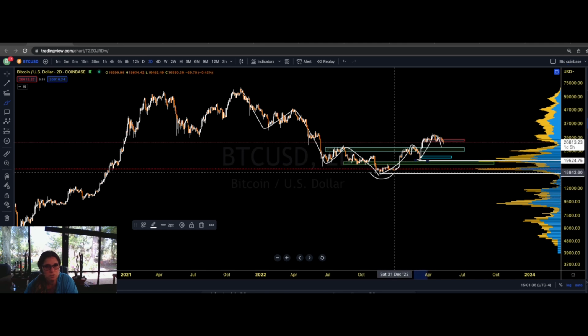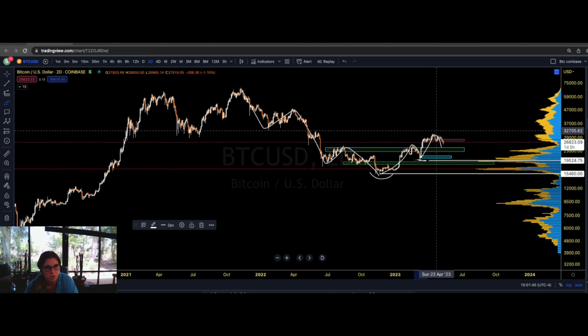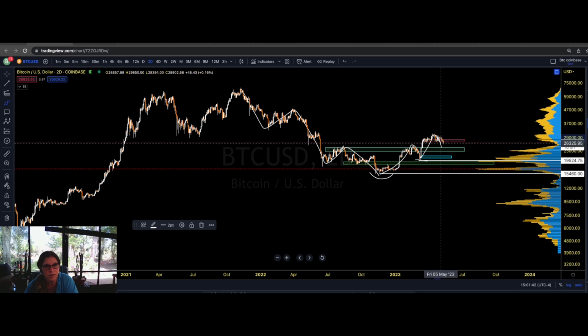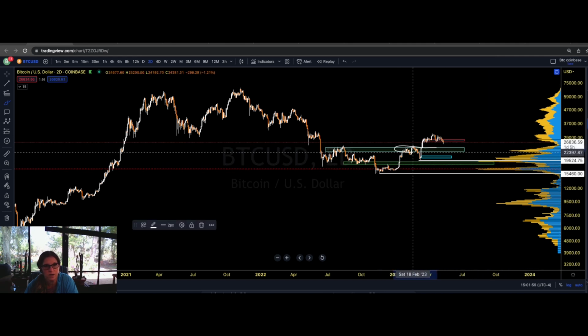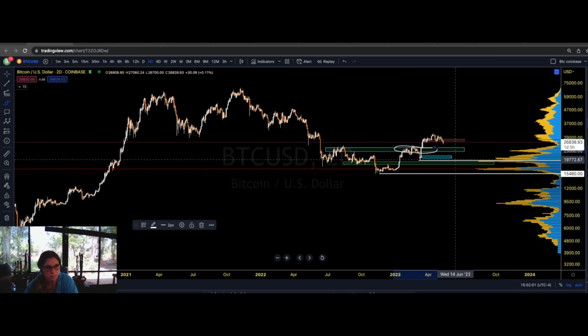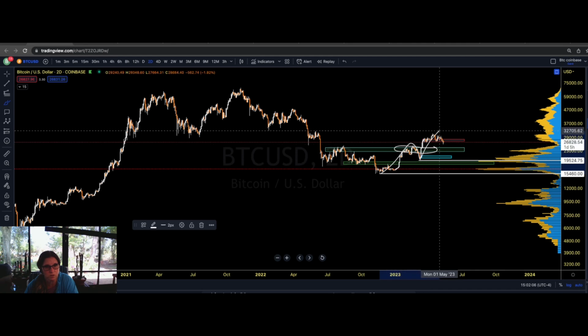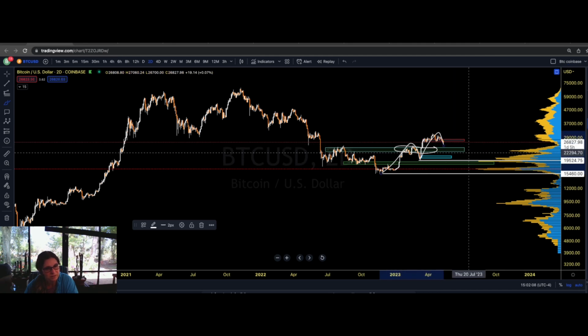But if this is truly going to be a nest, we would like to see the second wave 2 find support on top of the first wave 1. That is what a nest does. Coming underneath the support on top of the wave 1 would decrease probabilities that this is a nest of a 1, 2, 1, 2. It wouldn't completely invalidate it, but probabilities would shift that it is not a 1, 2, 1, 2.